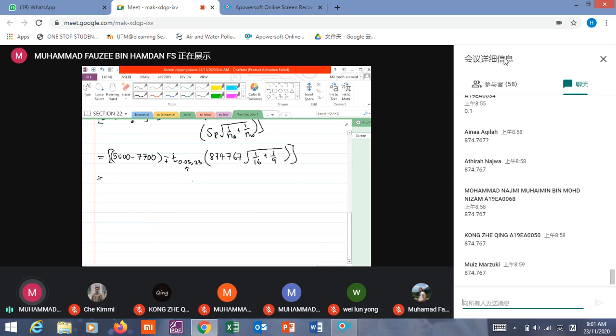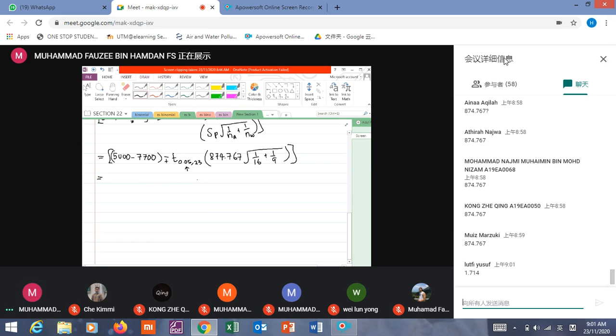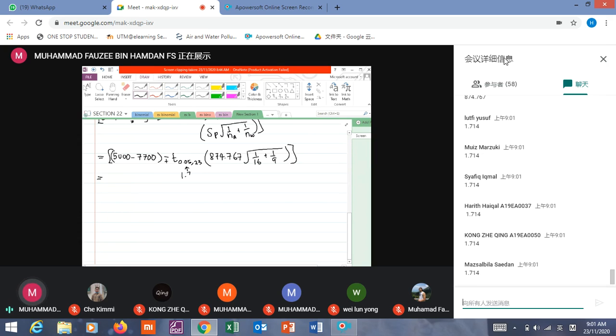T 0.05 with the degree of freedom of 23 is 1.714. Okay, good. So you already have all the values, so you can get the lower limit and the upper limit. Get the same answer or not?